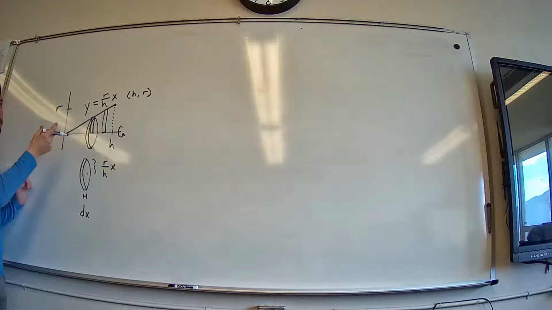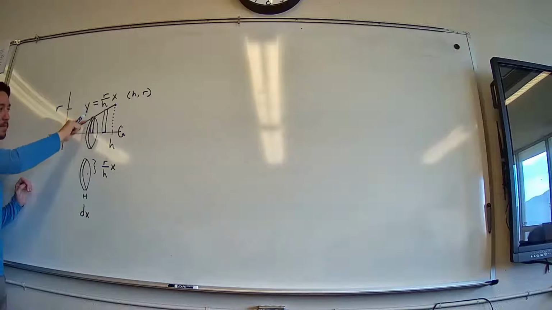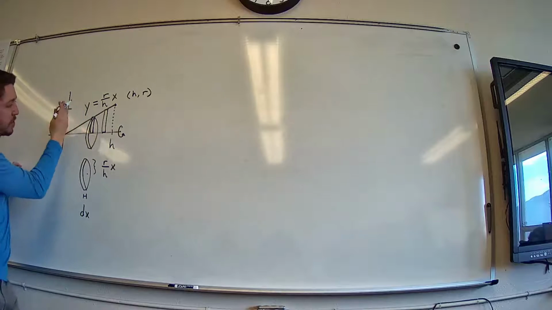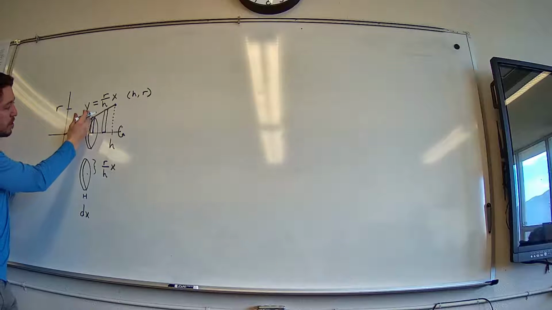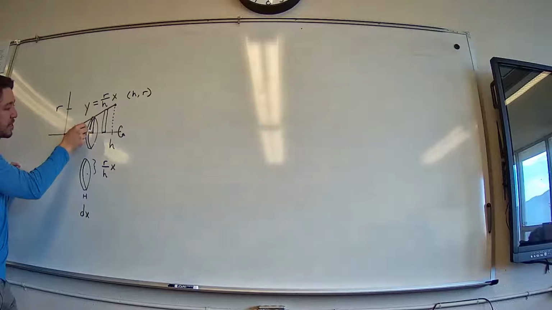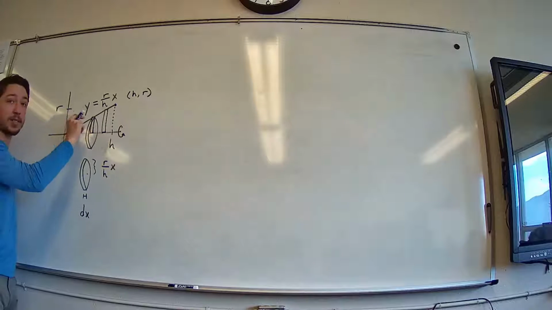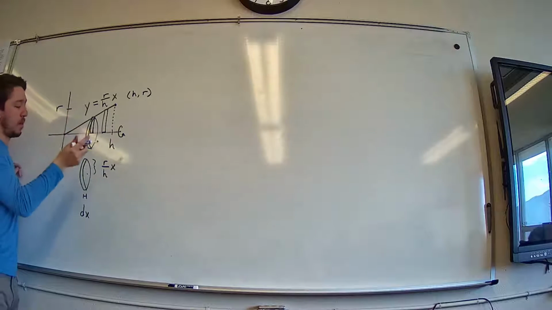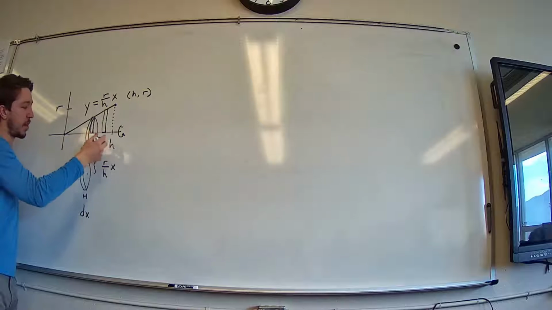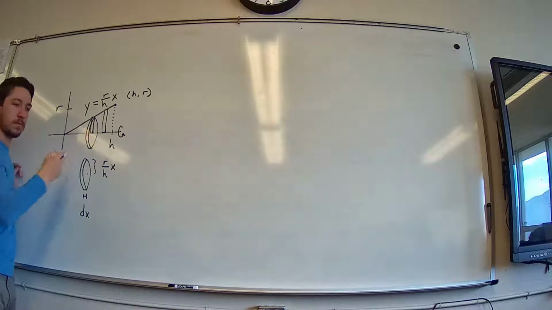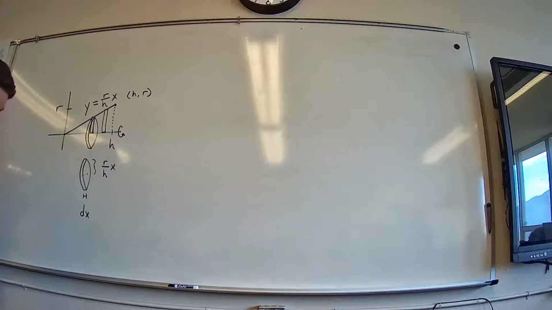If you said we're gonna make the cross sections be circles that span from, say, this to this, then you could have little circles inside there. That's possible. And then the radius would be half of the y value, but when you revolve around the x-axis, the y value of the function is the radius.